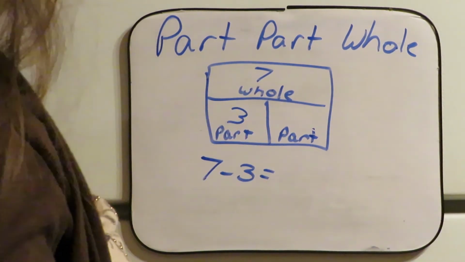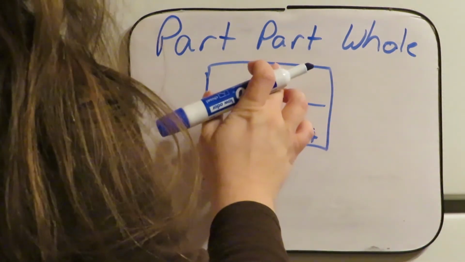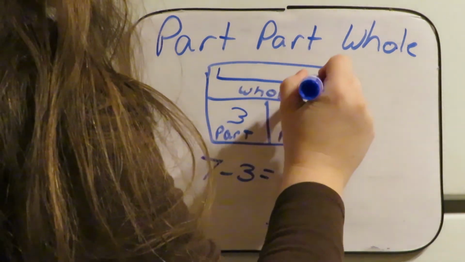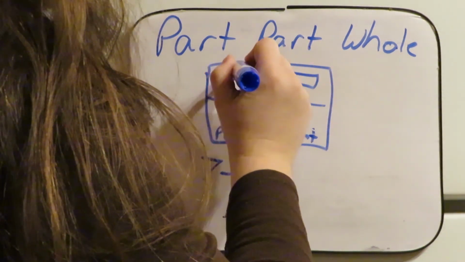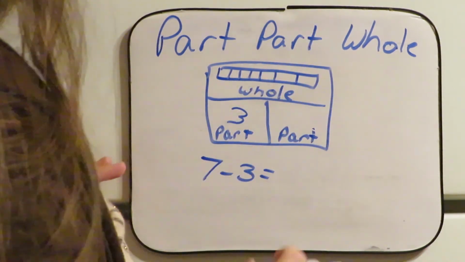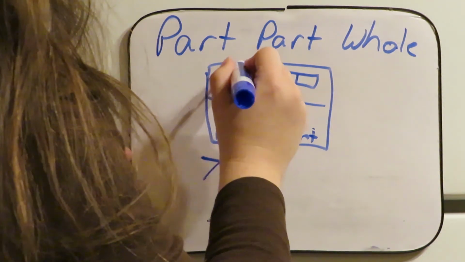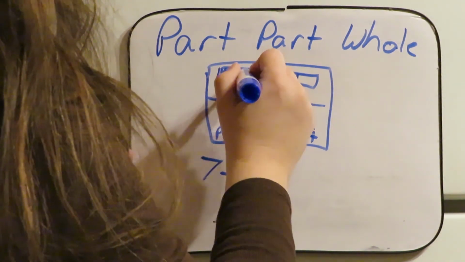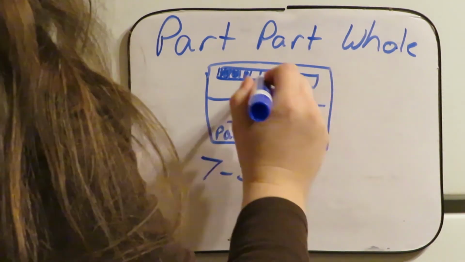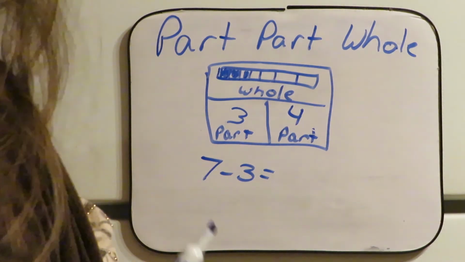But what is the other part? So there are different ways we can do this. We can draw the 7, 1, 2, 3, 4, 5, 6, 7. And we can color in the parts. 1, 2, 3, and count the others. 1, 2, 3, 4 is one way.